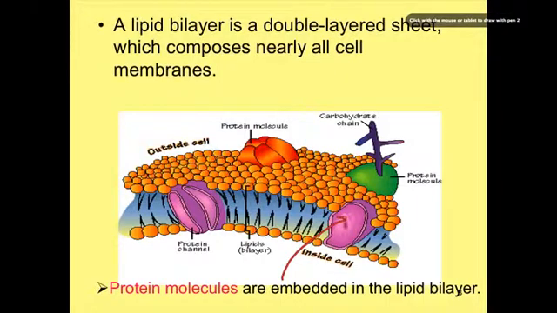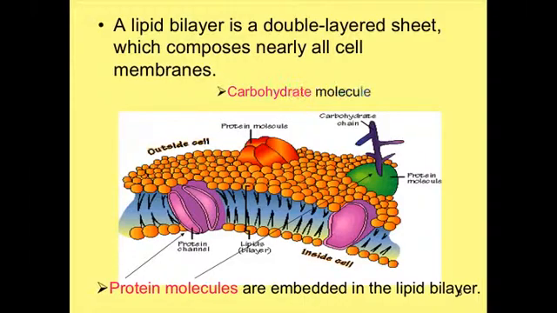So here's a protein, here's a protein, here's a protein, and so on. Carbohydrate molecules resemble tails, and those sometimes can be attached to a protein molecule.